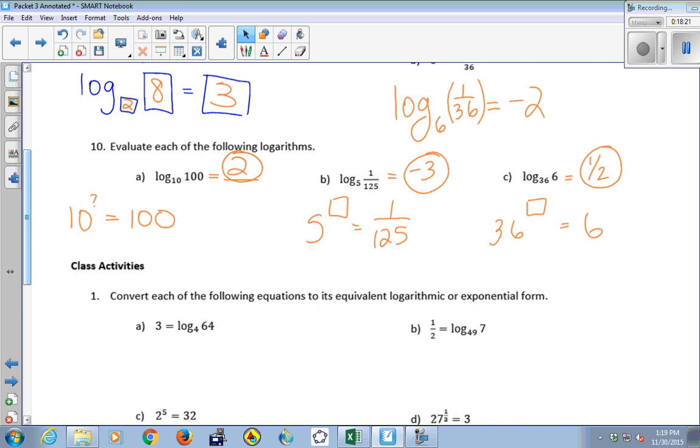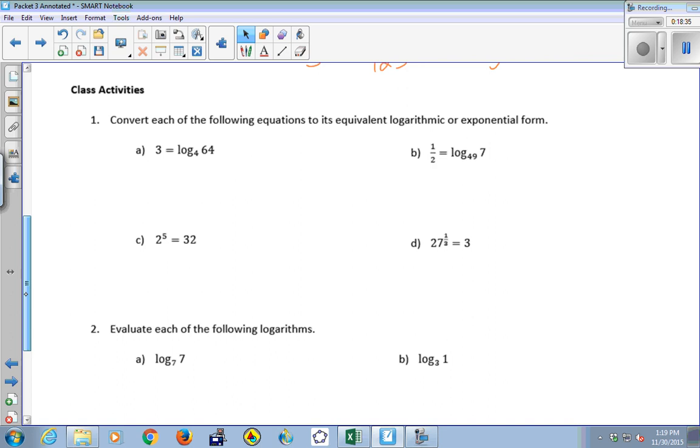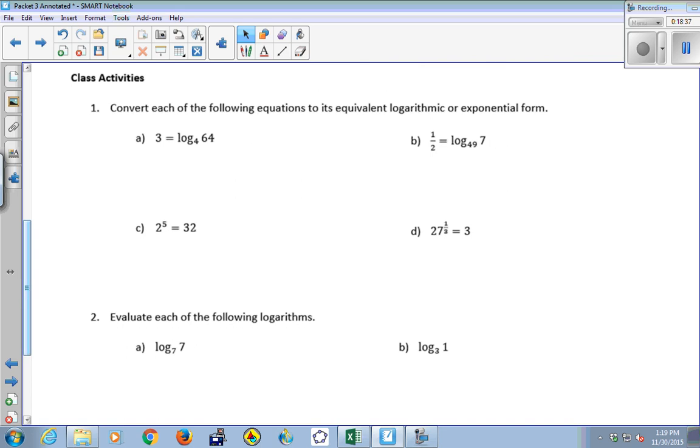And it feels like this crazy weird thing, but it's really the same. It's just the undoing of multiplication. So this feels like a crazy weird thing, but it's just the undoing of something we already know, exponentials. Okay. So it takes a little time to get used to it, but you will, and you can start now working on your activities.